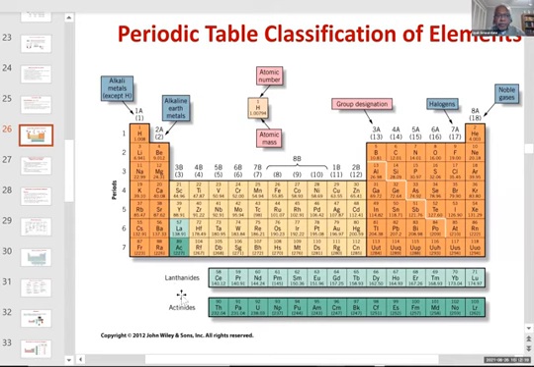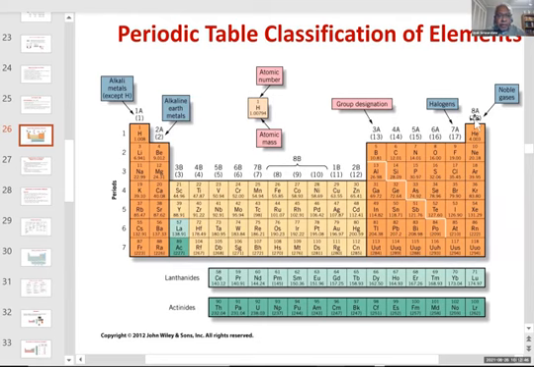So you have 18 columns. If you look at the numbers 1, 2, 3, 4 in parentheses, up to 18, the columns are called groups. So vertical columns in the periodic table are called groups.